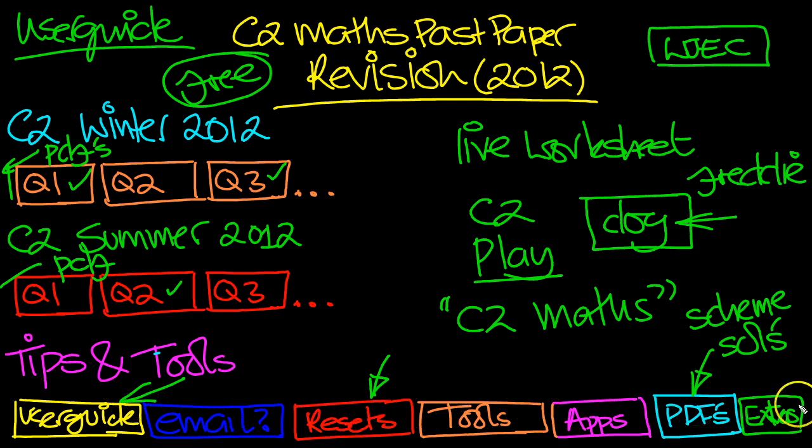Arrayed along the bottom I've got a load of tips and tools, as you can see, because I've mentioned a few of them already. If you have a question that you'd like to send in, then just click on here, append a picture, send in a question. If I get time I'll write you up a YouTube video, send you a link on that, time permitting. Here I'm going to put various tools, so I'll probably put a differentiator maybe. I'll put an integrator probably, and maybe a plotter of some sort as well.